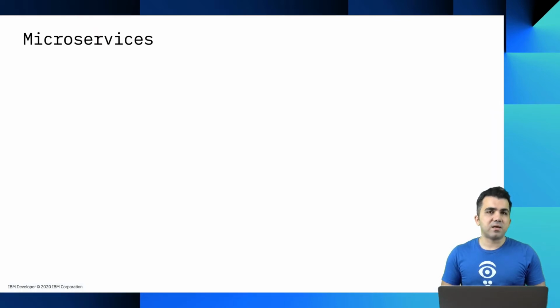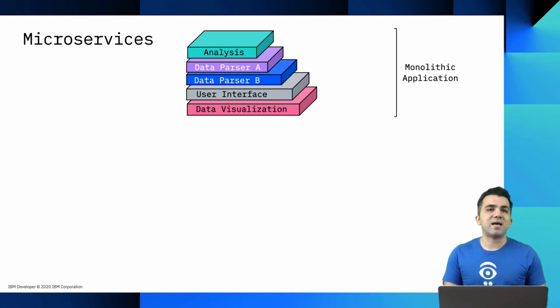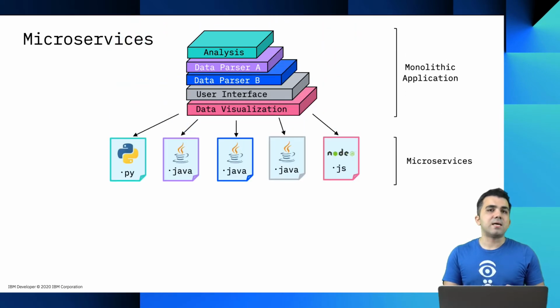Just in case you have forgotten about those topics that we reviewed in the previous lab, here's a quick flashback from our previous lab on microservices. So basically, microservices architecture addresses all of the liabilities that are inherent in monolithic applications.